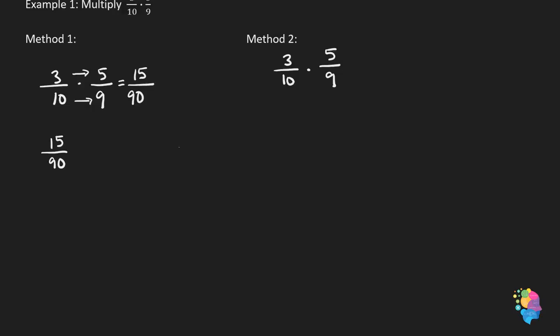In this case, both can be divided by 15. So 15 divided by 15 is 1, and 90 divided by 15 is going to be 6. What that means for us is that multiplying 3/10 times 5/9, the answer is 1/6.